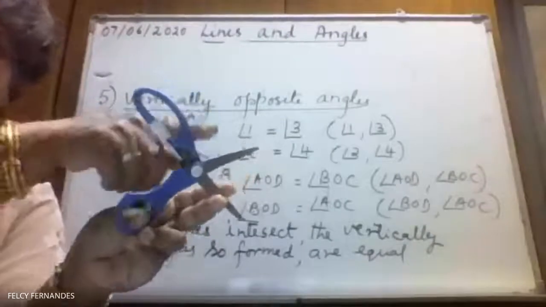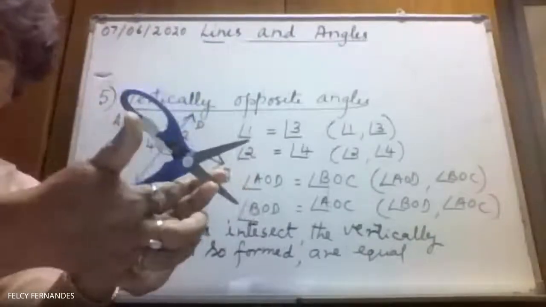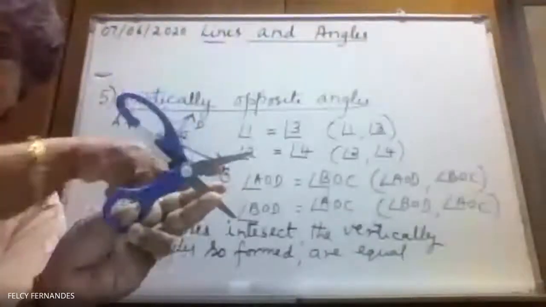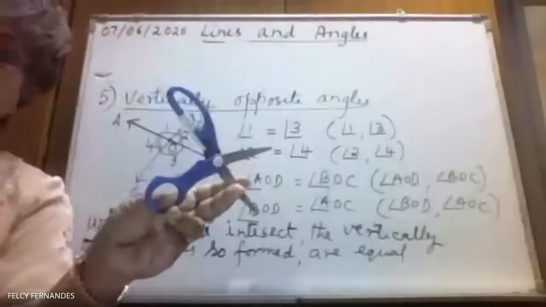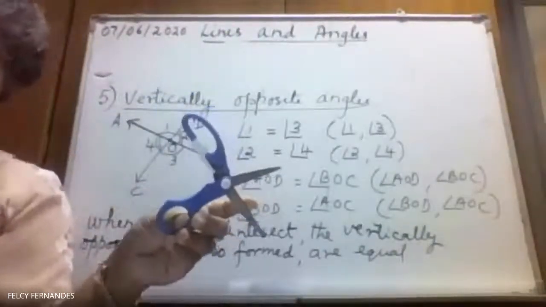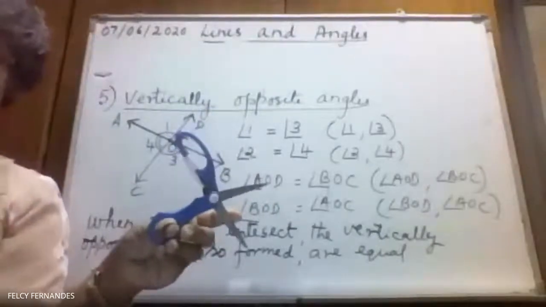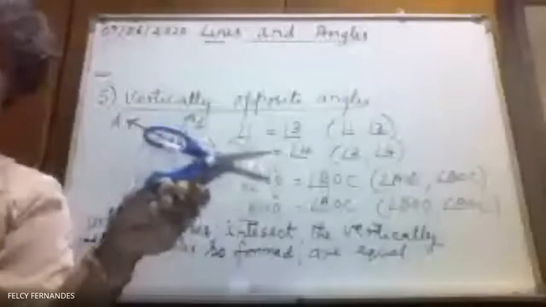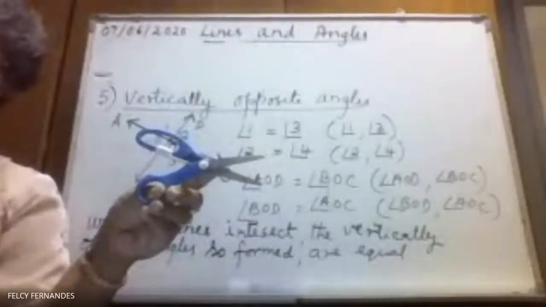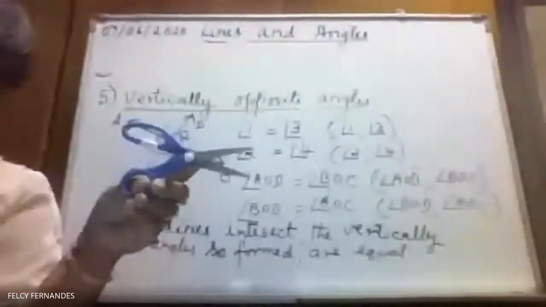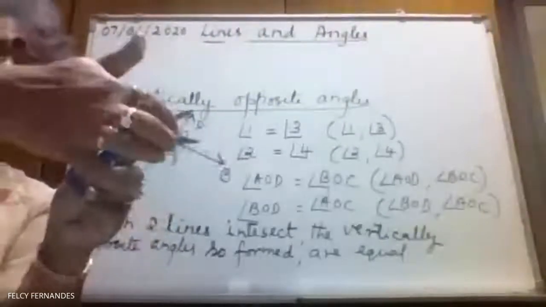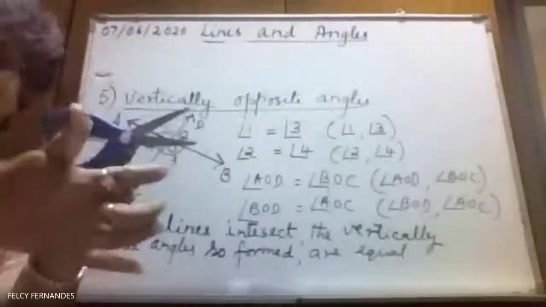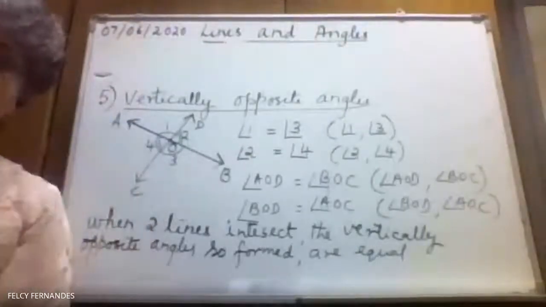And the vertically opposite angles, here and here, this and this, they are equal to each other. Just an example I'm showing of how vertically opposite angles are formed in our daily life. Even when I take a smaller angle, automatically these two angles become small and this becomes obtuse, big. They are equal.